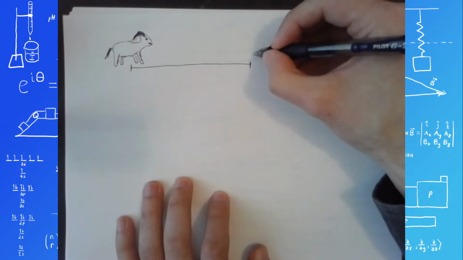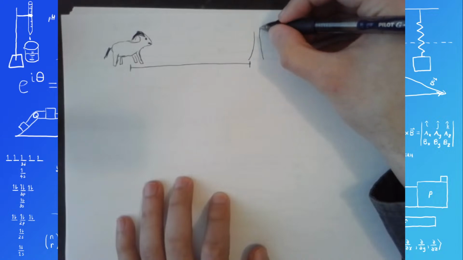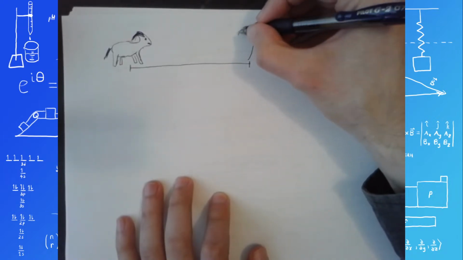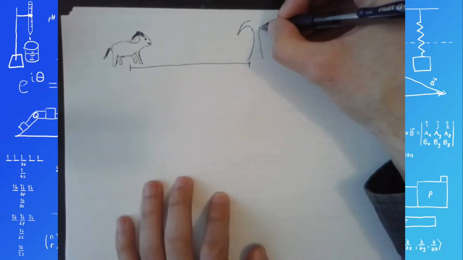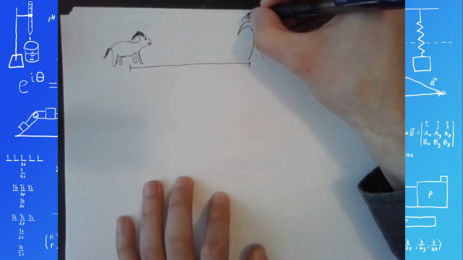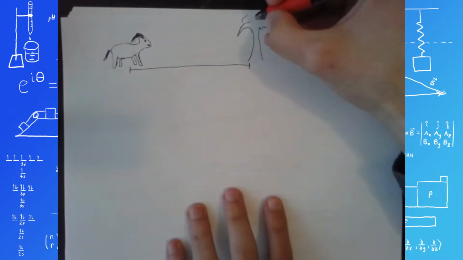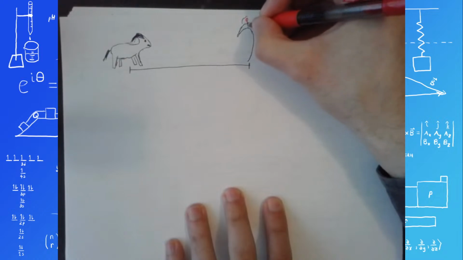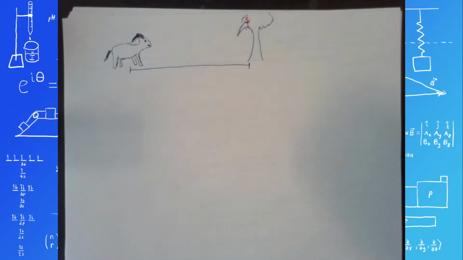And there's a guy waiting in a tree, sitting atop a tree limb like so. I won't draw the rest of the tree, but let's draw the guy in red. The guy is sitting right here, stick figure, getting ready to drop onto the horse.